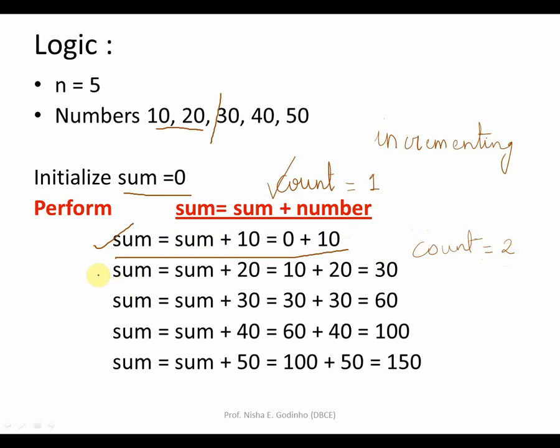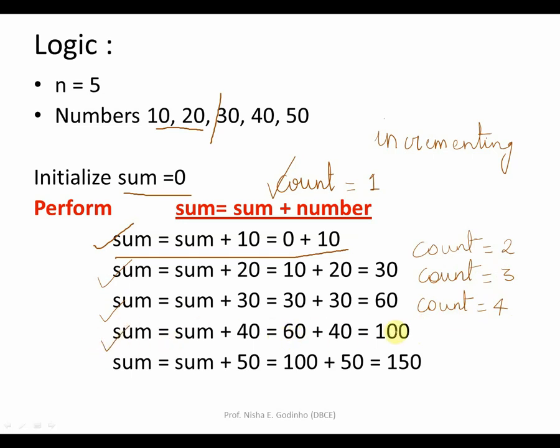Now after the second step is executed, at that time the count variable will again be incremented by 1, which is 3. When this step is being executed, the count variable will be incremented to 1 number above, which is 4.